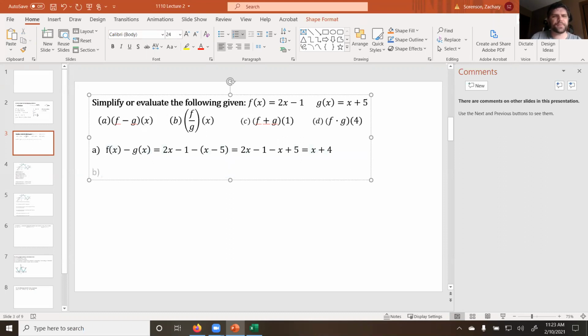So for b, very similar process. Here I'm doing f over g times x is what it looks like. We're not multiplying, we're dealing with functions. And so we just have to translate this into f of x divided by g of x.